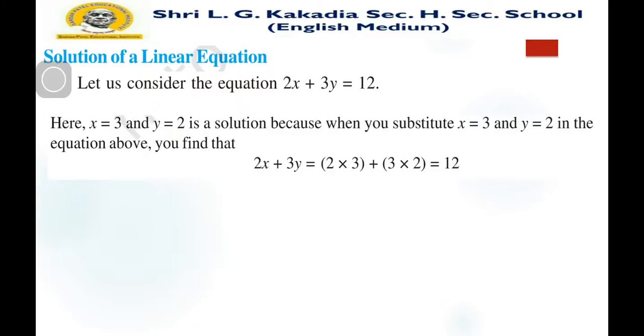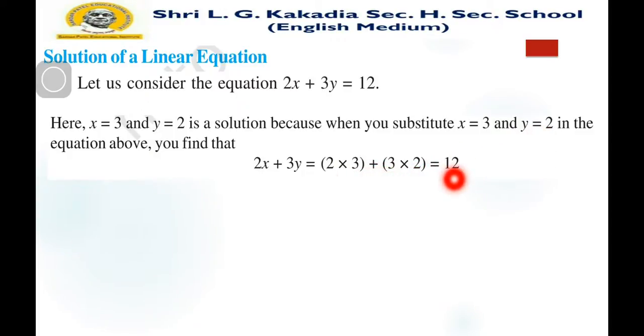For that we select the values of x and y randomly. We take x is equal to 3 and y is equal to 2. Now we substitute these values in the above equation. Then 2x plus 3y is equal to 2 into 3, that is the value of x, plus 3 into 2, that is the value of y.